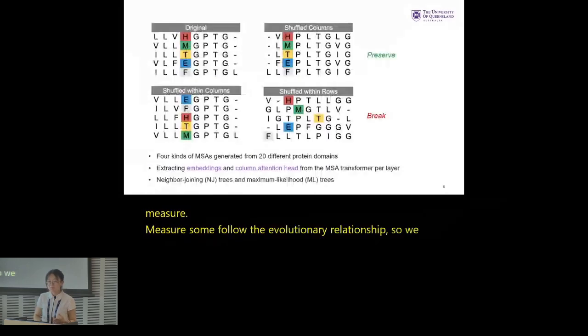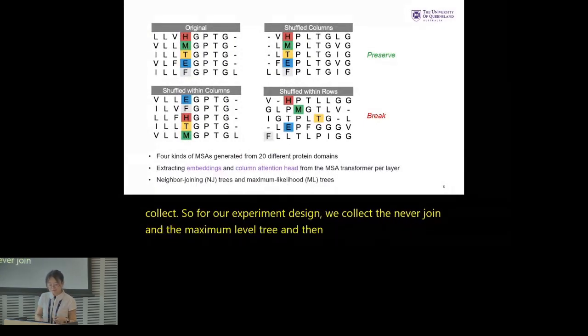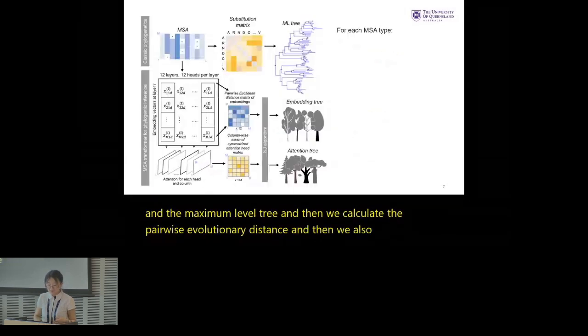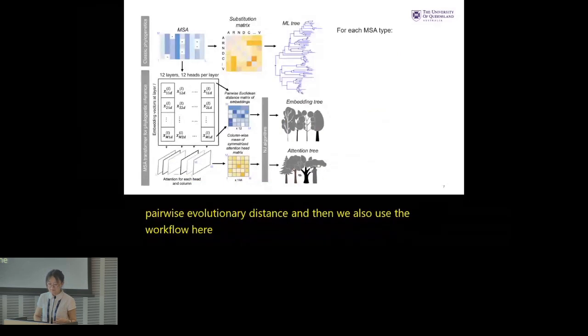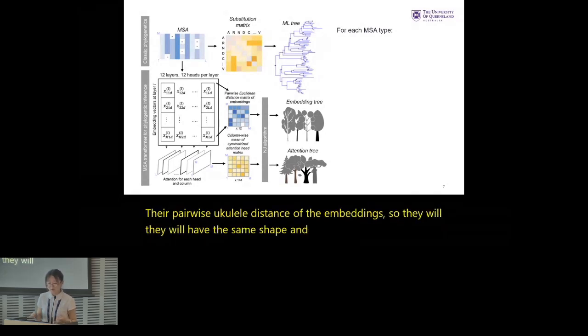So for our experiment design, we collect the neighbor joining and maximum likelihood trees, calculate the pairwise evolutionary distance, and also use the workflow here to calculate the pairwise Euclidean distance of the embeddings. They have the same shape, and then we use Spearman correlation to measure their correlation. So this is the result.